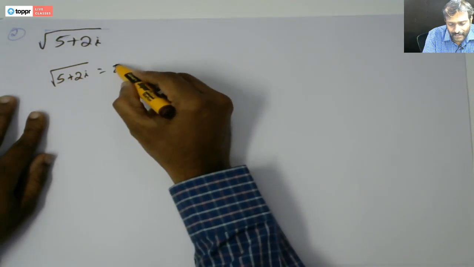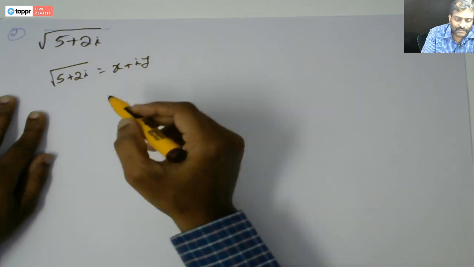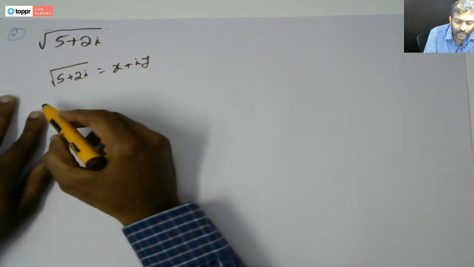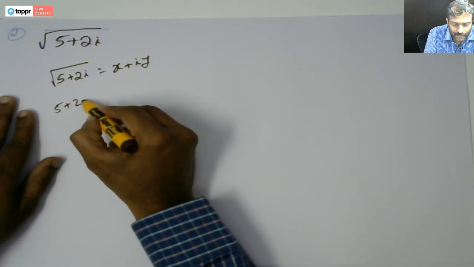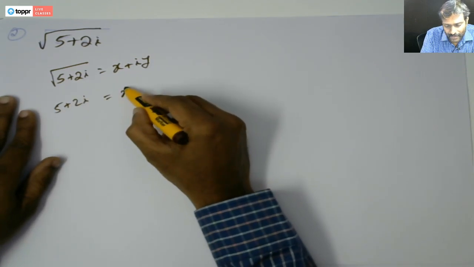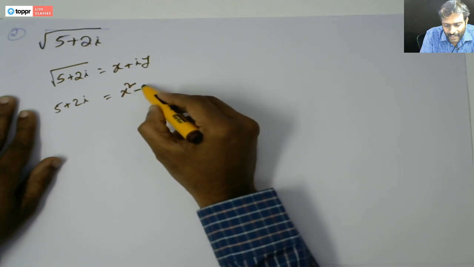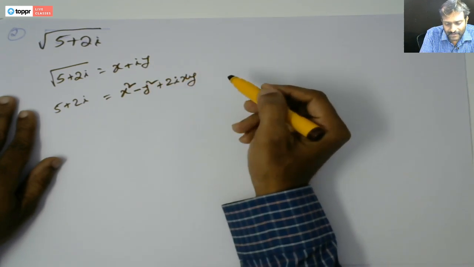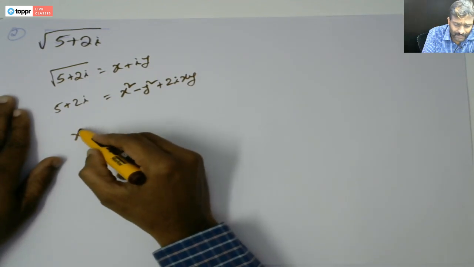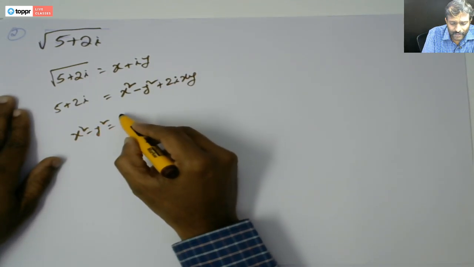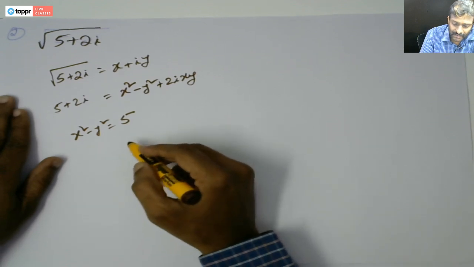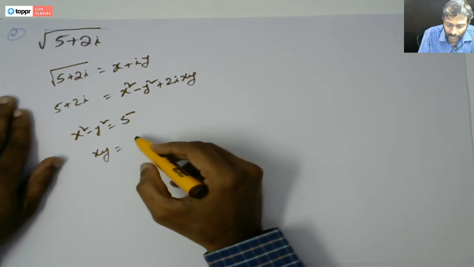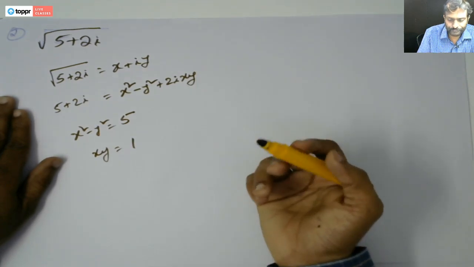You write it as x plus iy, where x is my real part and y is the imaginary part, right? Now squaring on both sides, you get 5 plus 2i is equal to x square minus y square plus 2ixy, and then x square minus y square equals 5, and xy is equal to 1, right?